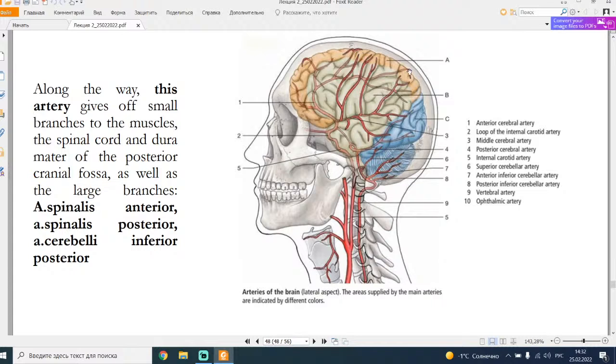Along the way, this artery gives off small branches to the muscles, the spinal cord and dura mater of the posterior cranial fossa, as well as the large branches: arteria spinalis anterior, arteria spinalis posterior, arteria cerebelli inferior posterior.